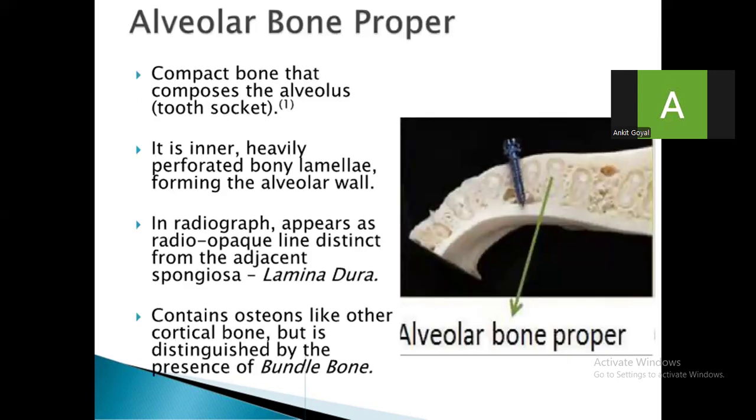Alveolar bone proper is the compact bone that composes the alveolus. It is the inner, heavily perforated bony lamellae forming the alveolar wall. In radiographs, this appears as a radio-opaque line distinct from the adjacent spongiosa, that is the lamina dura. It contains osteons like other cortical bone but is distinguished by the presence of bundle bone.